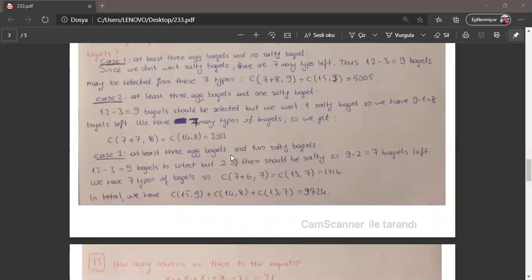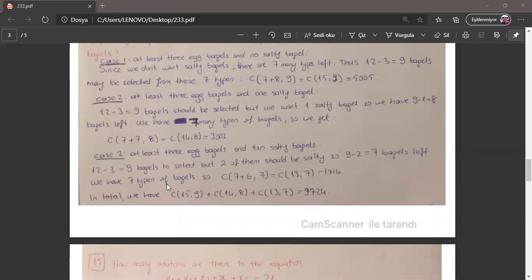And for that, we have at least 3 egg bagels, and 2 salty bagels. So again, we have 9 bagels because 3 of them will be egg bagels necessarily, and 2 salty bagels. So we have now 7 bagels. We had 7 types again. Okay, these ones cannot be salty either.